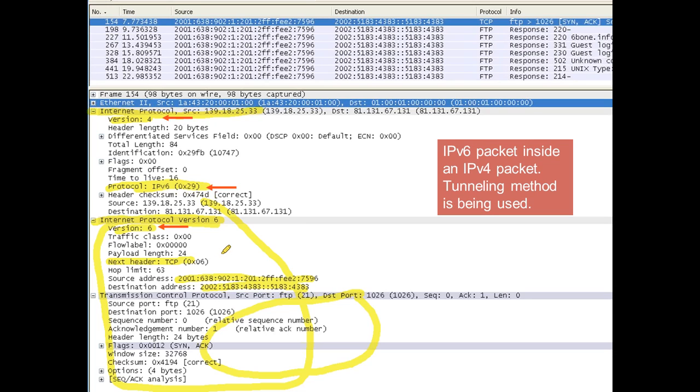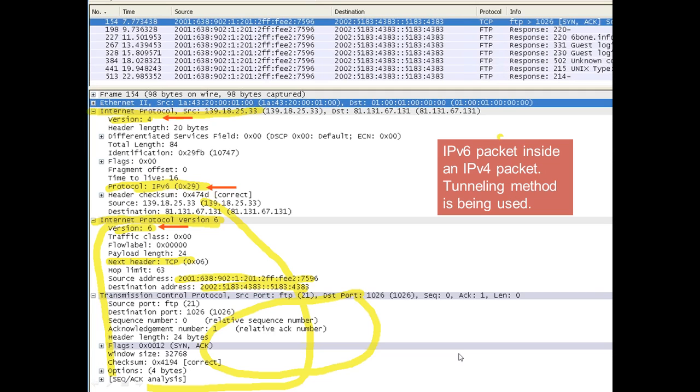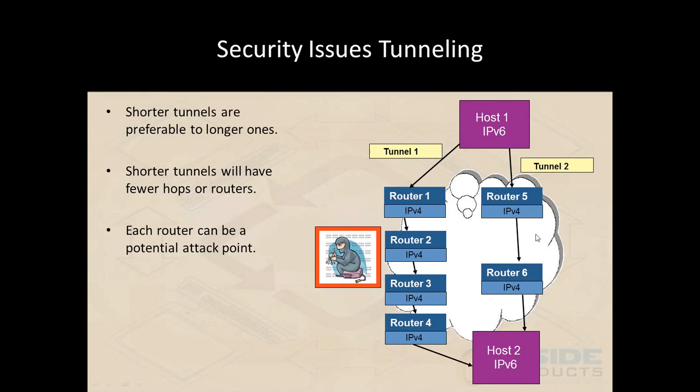There's one quite common one called 6 to 4. And this has only an IP header, only a V4 header, and then the V6 packet starts. The protocol you'll see in there is a decimal 41, which is IPv6 embedded inside of IP.